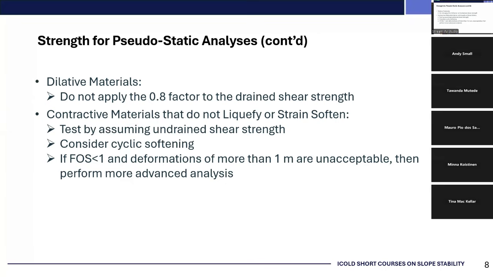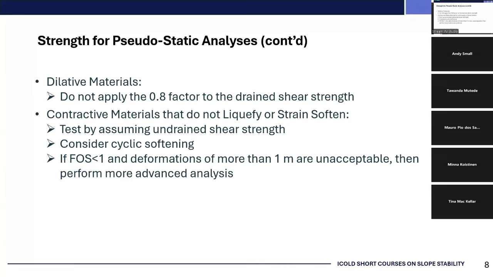I then take a look at the seismic event and say, yeah, maybe it could cause cyclic softening, maybe it couldn't. If I get a factor of safety greater than 1, then I'm okay. But if I get a factor of safety of less than 1, that doesn't mean we have a problem, because when you take the undrained shear strength, you're already assuming a lot of pore pressure generation.